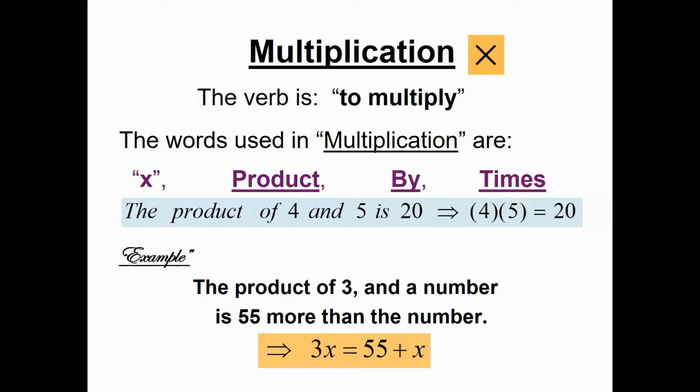The product of 3 and a number is 55 more than the number. See, the product of 3, so 3 times the X. That's the number. We can say let x be the number. Is, when we say is, we write directly equals. 55 more than, we have seen that in the plus. 55 more than the number. So 55 plus the x, not times. In the first one, we say product, 3x.